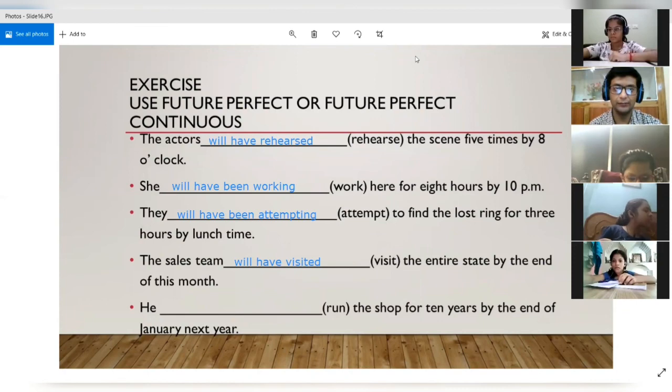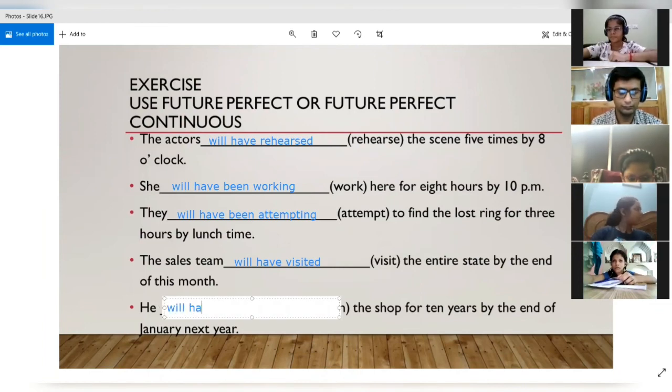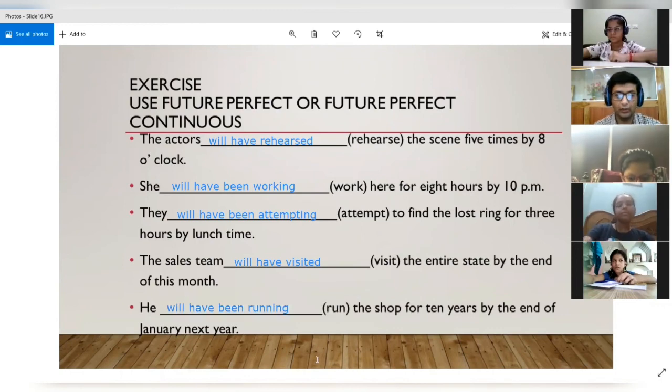Can you tell me the reason? Okay, because now it is future perfect continuous. You are telling me the 10th. I'm asking the reason. All right.